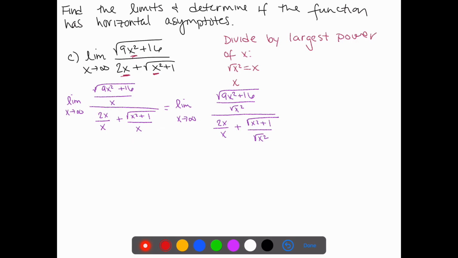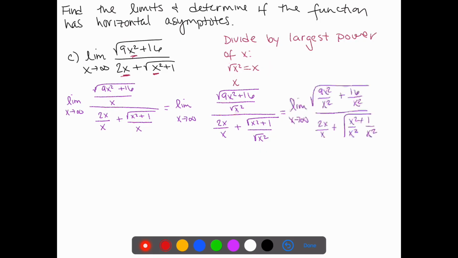Now, to do this division, because we have these square roots, we're going to use the fact that x is the same thing as the square root of x squared. So anytime I'm dividing those square roots by an x, I'm just going to replace that x with a square root of x squared. That's the same thing as x, because x is positive here. We're going to positive infinity.